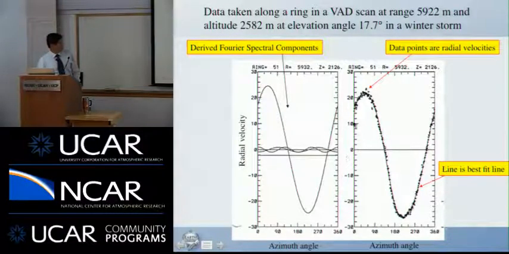So this diagram shows if we plot all the Doppler velocities along a constant VAD ring and do a Fourier decomposition, you can resolve the wave number 0, wave number 1, and wave number 2 components. In theory, you can decompose into even higher wave numbers. But later on, I'll show you work by Kaya and Zawadzki showing that expanding to even higher wave numbers doesn't have much more physical meaning in the coefficients.